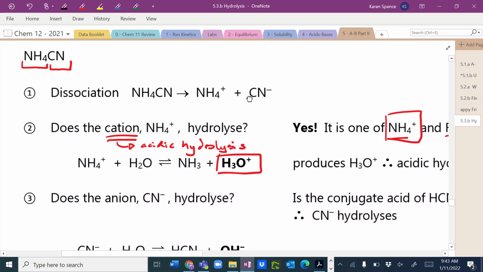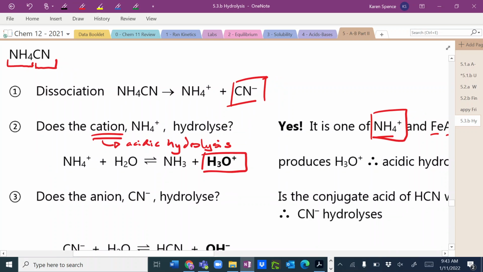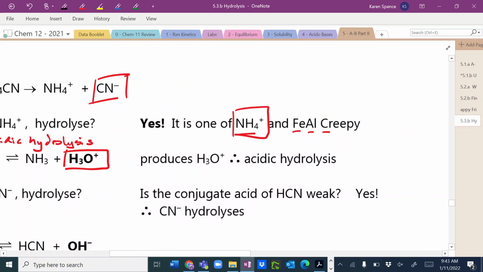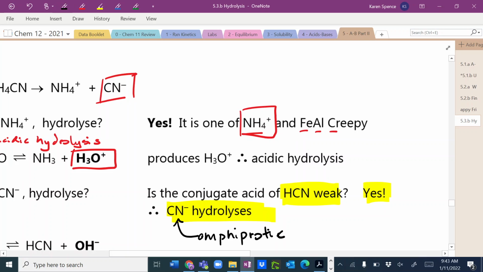Does CN minus hydrolyze? We ask ourselves, is the conjugate acid HCN weak? Because if it's weak, it will hydrolyze. Yes, so CN minus also hydrolyzes. And we're just going to do a quick check and say, is it amphiprotic? And the answer is no, it's not. So it's only going to do basic hydrolysis.